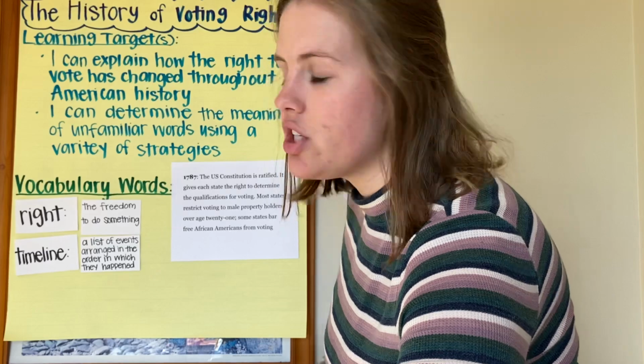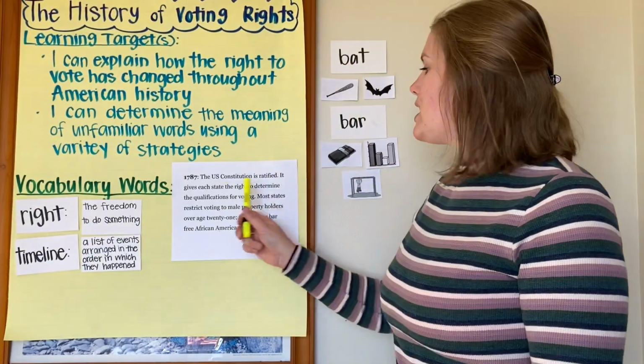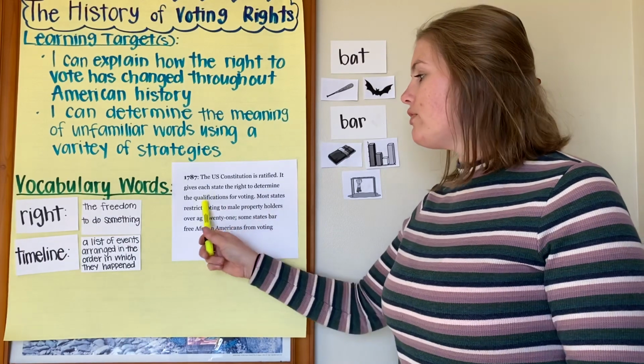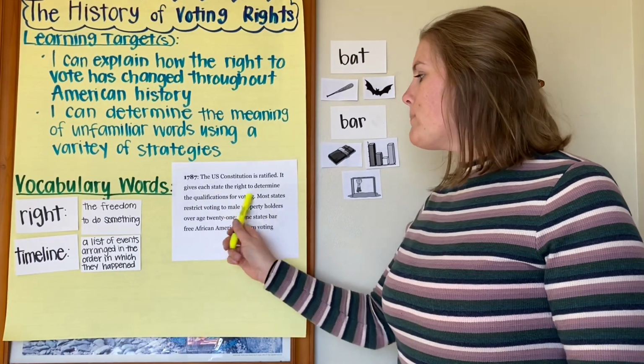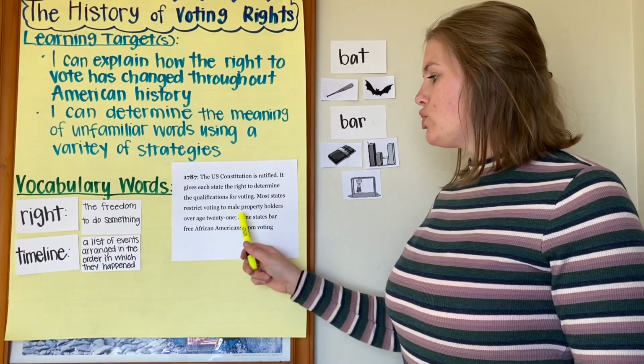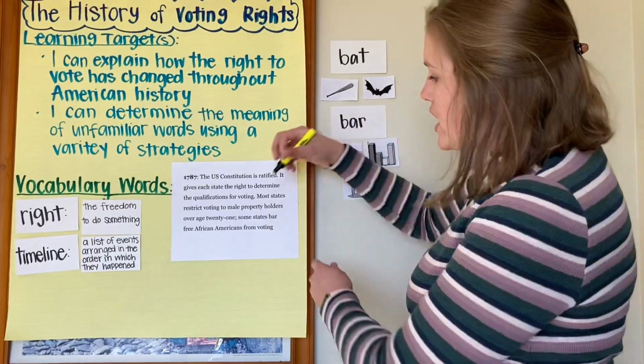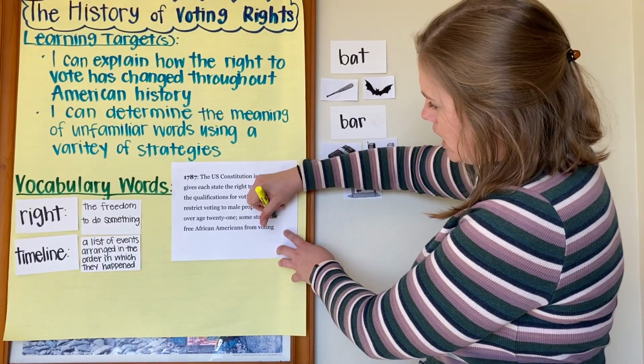The U.S. Constitution is ratified. It gives each state the right to determine the qualifications for voting. Most states restrict voting to male property holders over age 21. Some states bar free African Americans from voting.